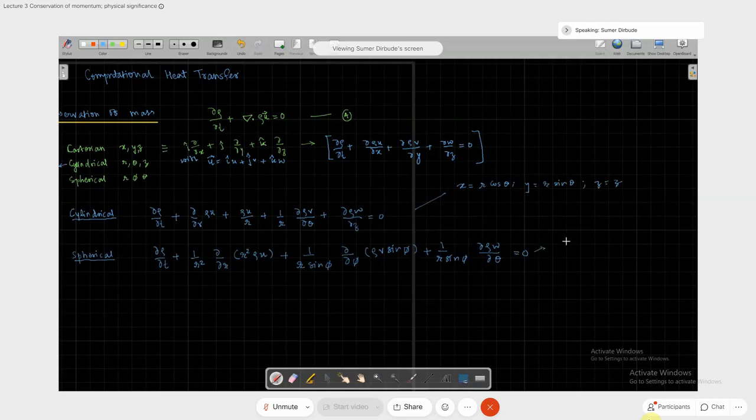And in the spherical case, x is r sin theta cos phi, y is r sin theta sin phi, and z is equal to r cos theta.